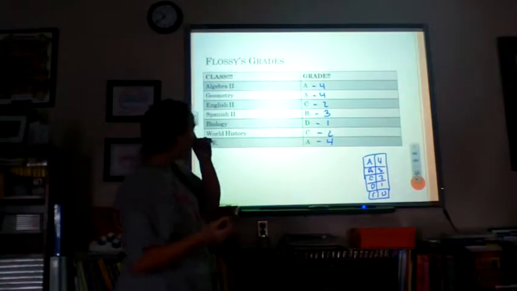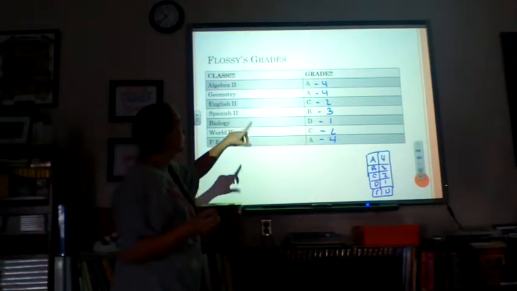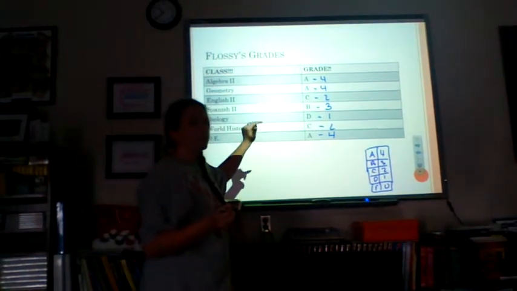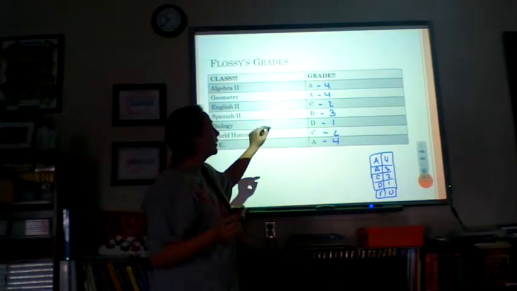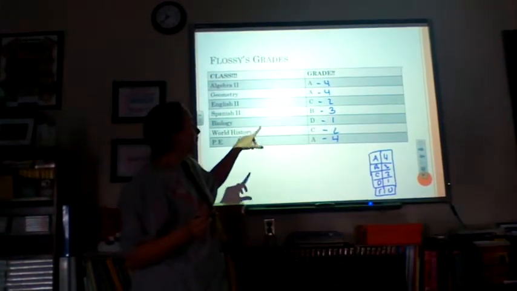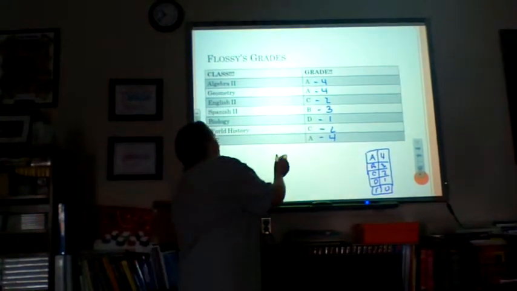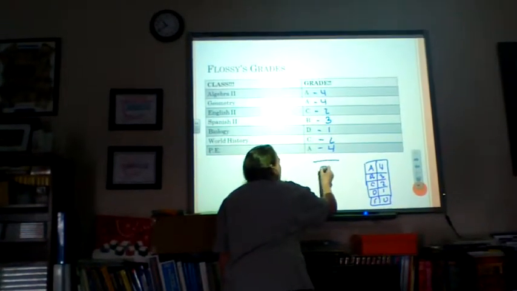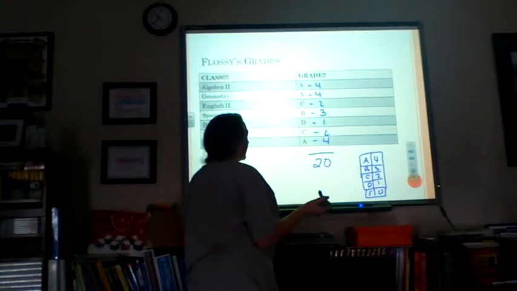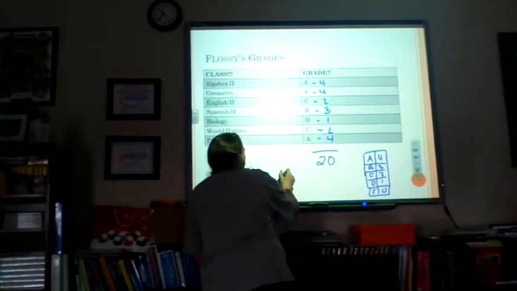Now you're going to add all of that together. So 4 plus 4 is 8, 8 plus 2 is 10, 10 plus 3 is 13, 13 plus 1 is 14, 14 plus 2 is 16, 16 plus 4 is 20. So once you add all of this up, you're going to get a 20. Now you're going to divide by 7.